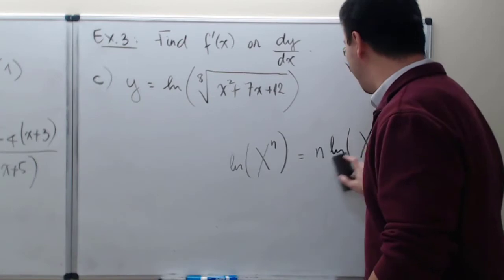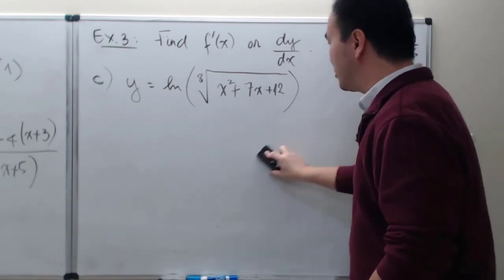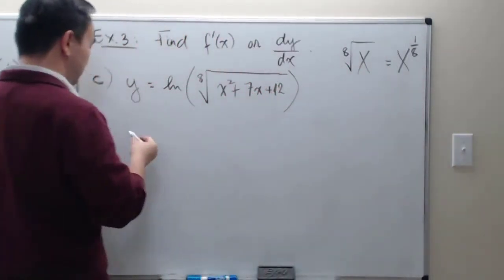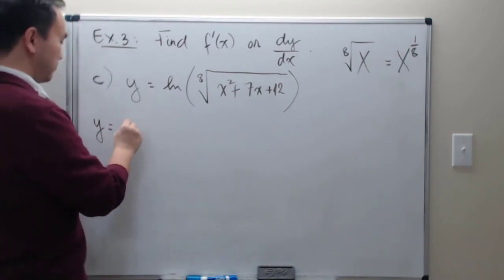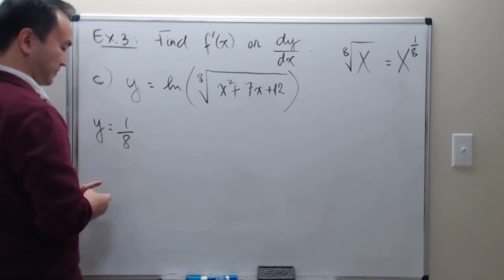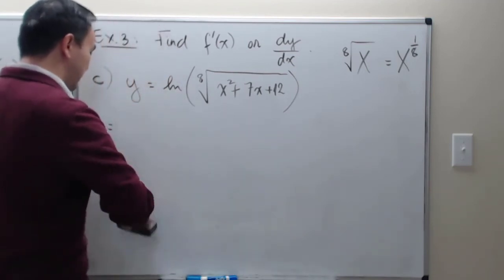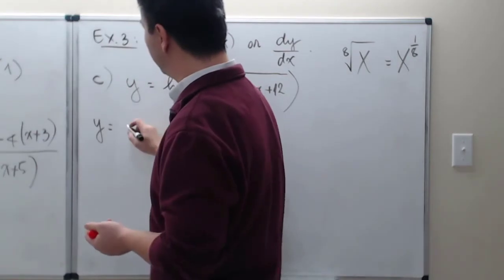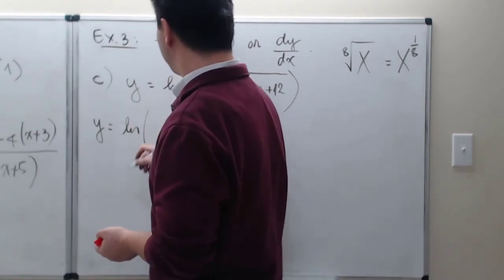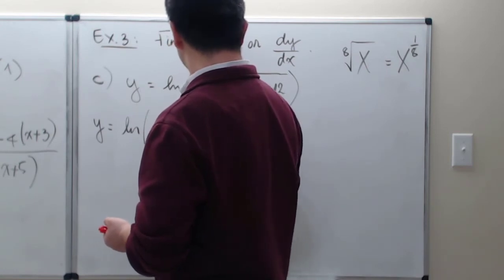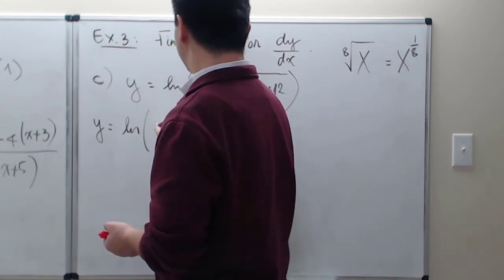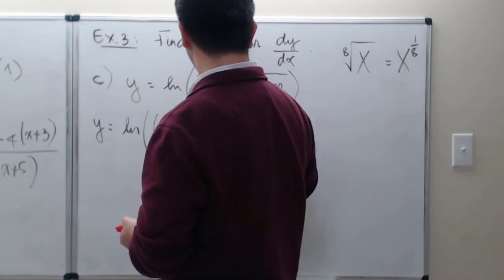All right, so that means here's how we can apply our understanding to this problem. y equals, now I can bring the 1/8 in front. You know, let's not rush anyone viewing my video, so I'm going to take time to write one more step, even though in practice you probably don't need to do this. So 1/8 ln of (x squared plus 7x plus 12) raised to the 1/8 power.